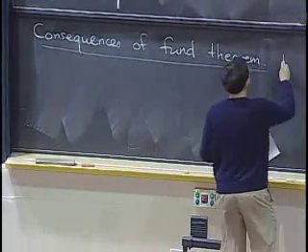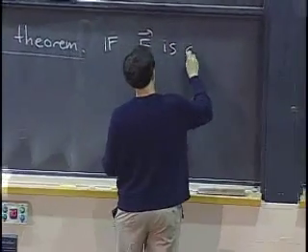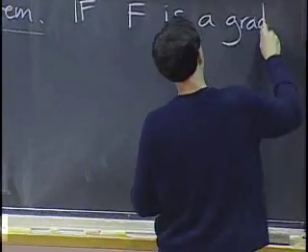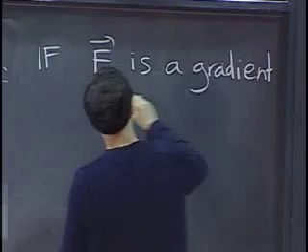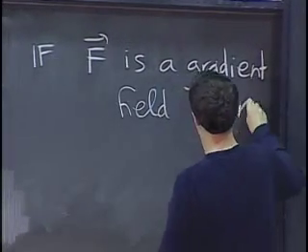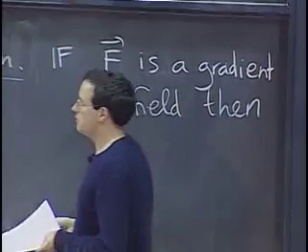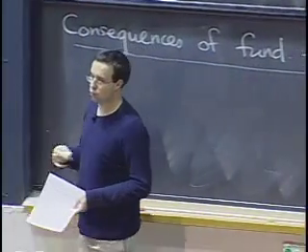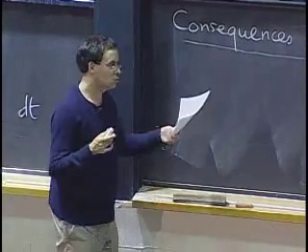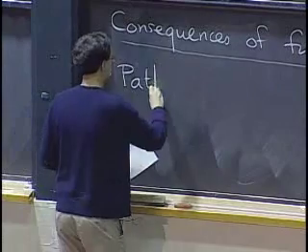So, just to put one more time this disclaimer, if f is a gradient field, then what do we have? Well, there's various nice features of work done by gradient fields that are not true for other vector fields. One of them is this property of path independence.